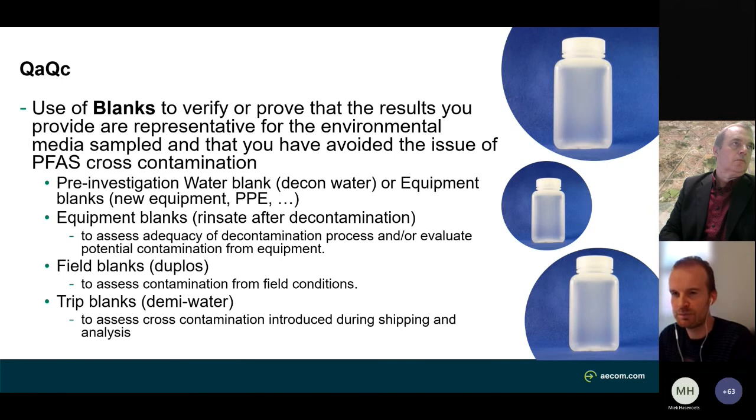You could also implement field blanks, a Duplo, for example, to assess cross-contamination from field conditions. And a trip blank can also be possible. It's a bottle that the lab can provide or that you take in the office with demi water to assess if cross-contamination was introduced during the shipping and the analysis.